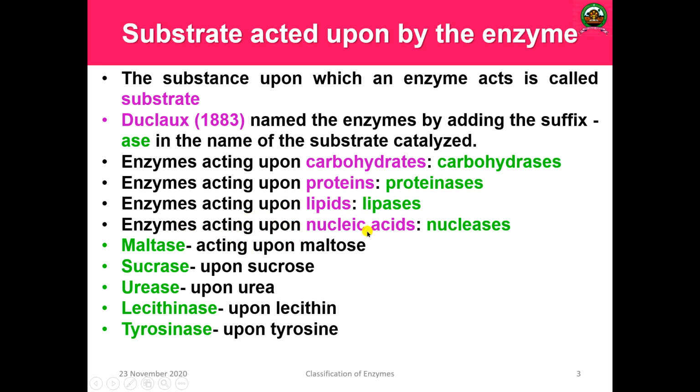The enzyme acting upon nucleic acid is nuclease. Similarly, maltase acts on maltose, sucrase on sucrose, urease on urea, lecithinase, which we have already seen in lipids, acts on lecithin, and tyrosinase acts on the amino acid tyrosine. So which substrate the enzyme acts on, simply add the suffix ASE to name the enzyme. This is the first naming and classification criterion.